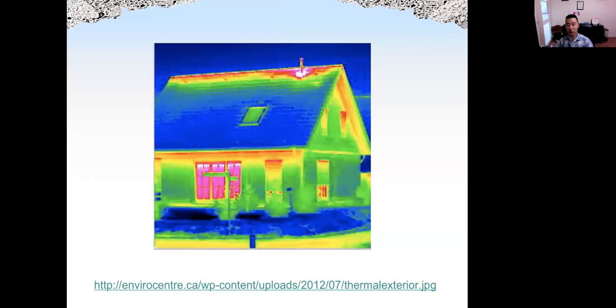And this method can also be used to detect leakage on the roof. If we have a leakage on the roof, and we have a heat flow, for example, from inside the house to outside the house, during the night we use a thermal camera, and it can detect the hot spot.